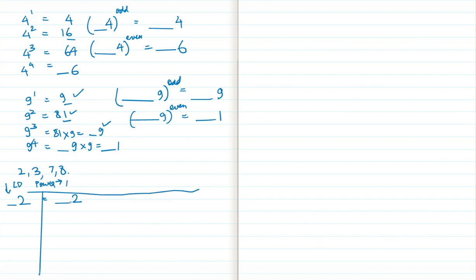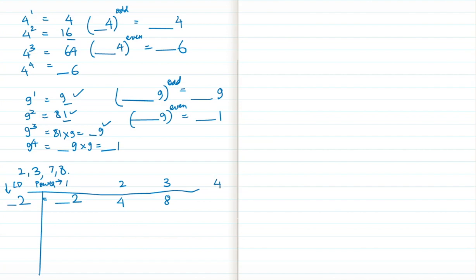So for power 1, the last digit is 2. Likewise, if the power is 2, then the last digit is going to be 2 times 2, 4. When the power is 3, the last digit is going to be 2 times 4, 8.